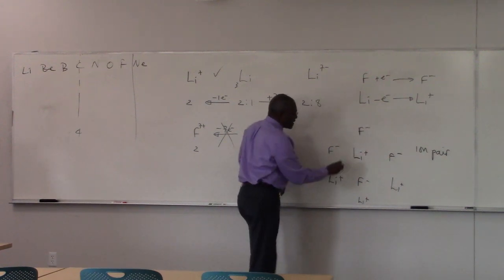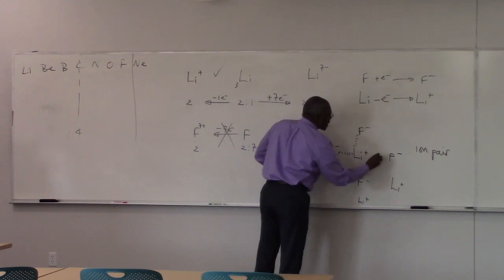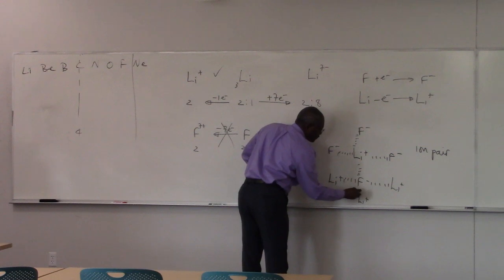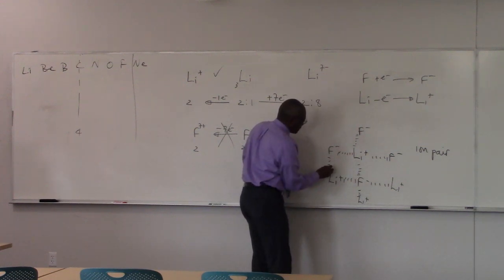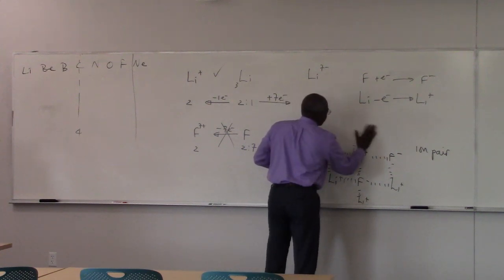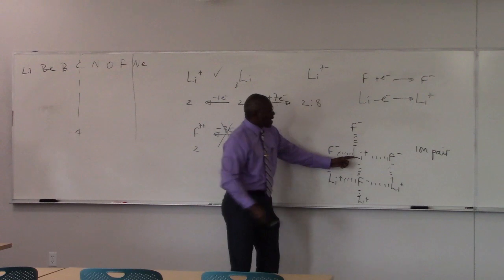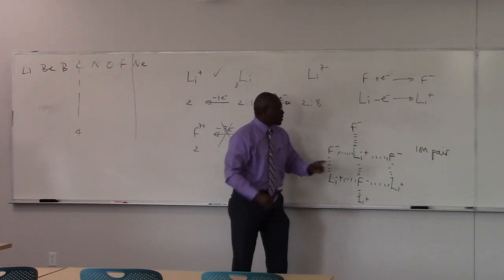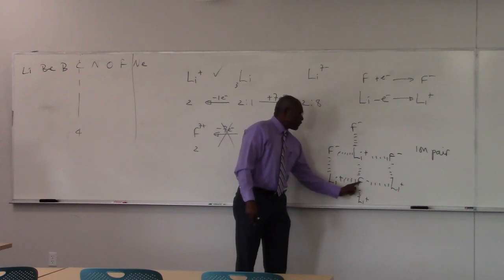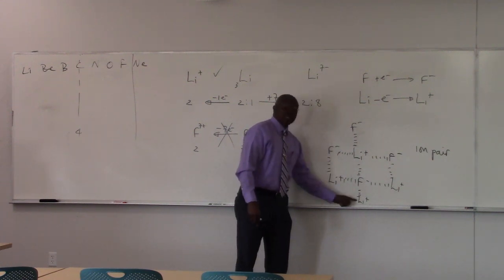So what's going to happen is each lithium ion has a force of attraction to the fluoride ions around it, and each fluoride ion has a force of attraction to the lithium ions around it.